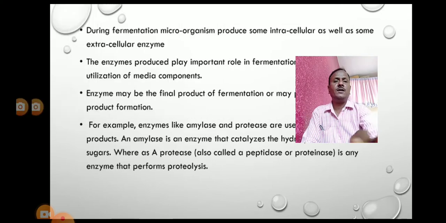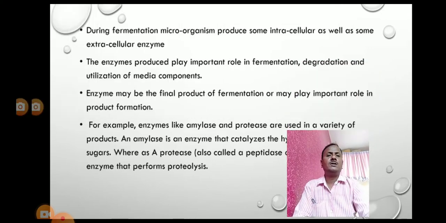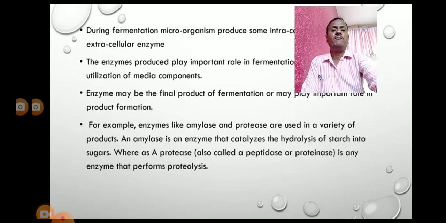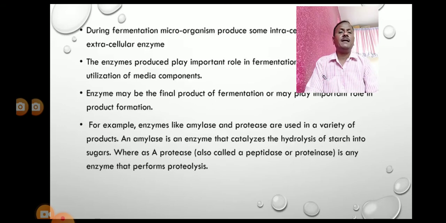These enzymes are very important because they are useful for fermentation, degradation, and utilization of media components. Sometimes these enzymes may be the final product of fermentation or may play an important role in product formation. For example, enzymes like amylase and protease are used in a variety of products.